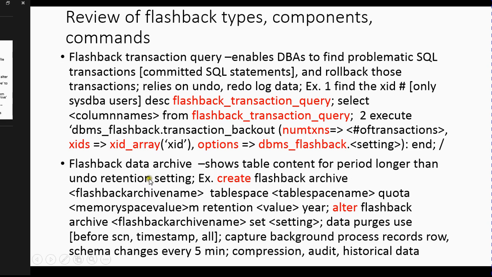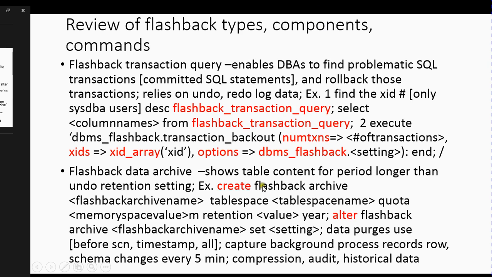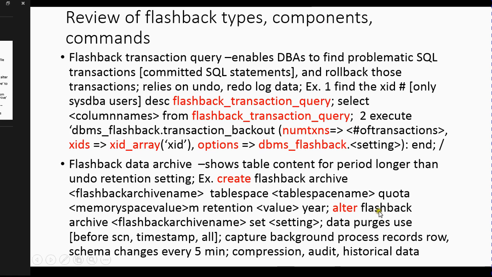So if you have undo retention for 14 days but you have flashback data archive enabled on that table, then the data inside that table is going to be available for a period longer than just 14 days. You can also modify the retention on the fly if you realize you might need this historical data for a long period of time, and you can adjust your setting.